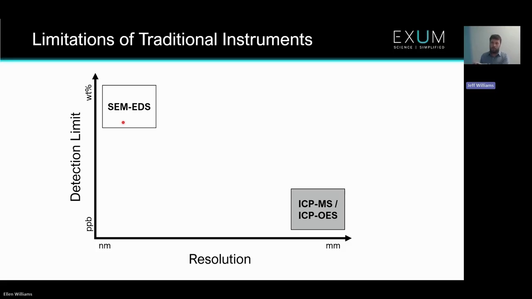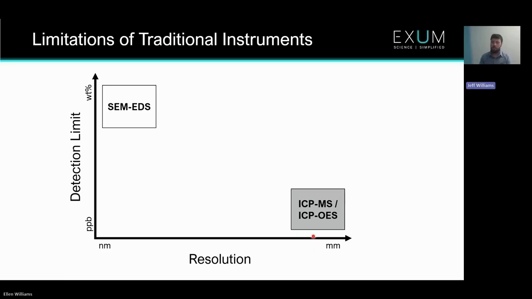On the other side of that extreme, we have ICP-MS. This is where we might take something like a piece of metal or a rock, and we're going to digest it in some acid. We're going to do some chemistry to it. Then we're going to put it through a plasma and do mass spectrometry. The advantage here is that, as you can see on the y-axis, we get very low limits of detection. It's a very quantitative technique. But again, you're taking grams of material and digesting it.